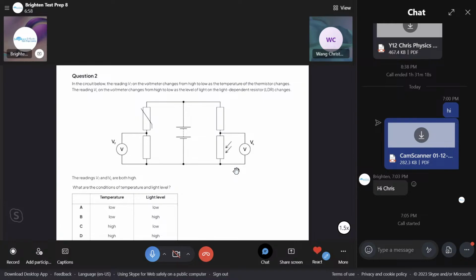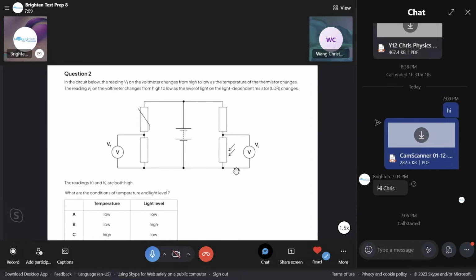For the voltmeter T, from high to low, that means a decrease in the thermistor's resistance, increase. So the thermistor is lower in temperature. Ah, okay. Let's go.